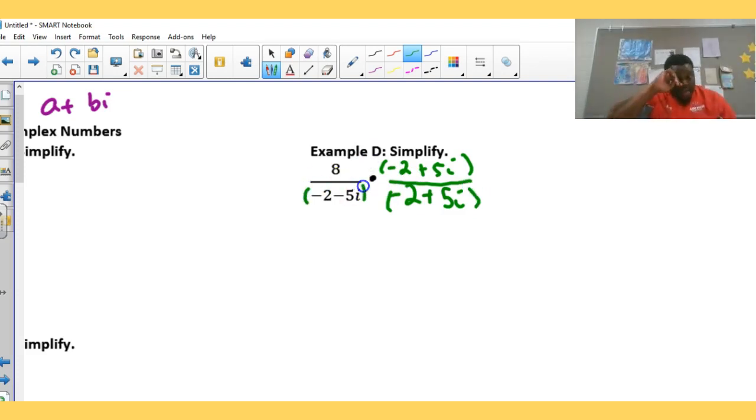That foiling goes back to 1.2, so make sure you understand 1.2 so you can use those skills for 1.3. All right, we're building, so we're going somewhere. So right here I have 8 times negative 2, that is negative 16, and 8 times positive 5i is going to be positive 40i.